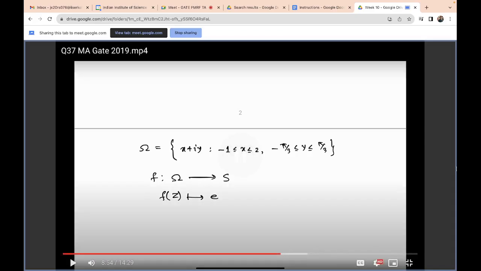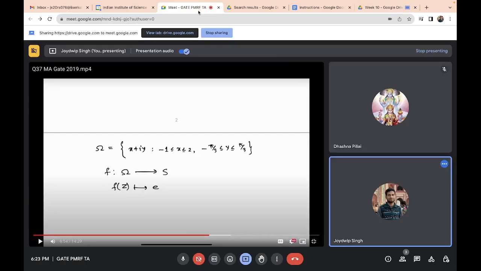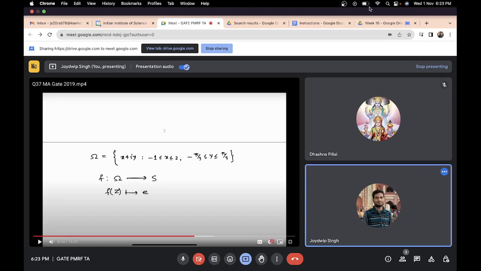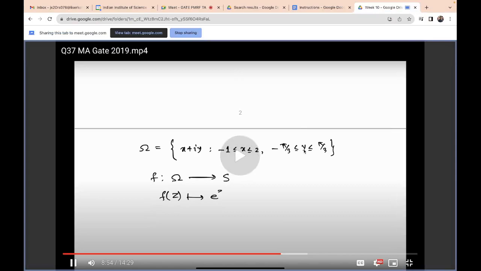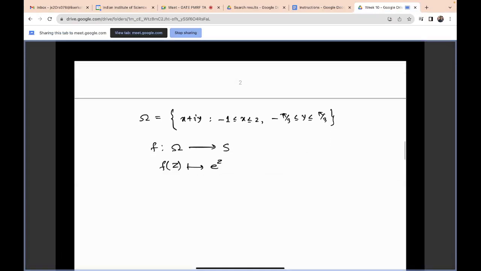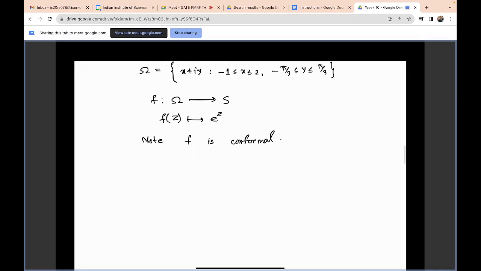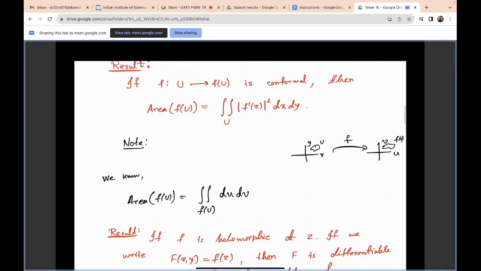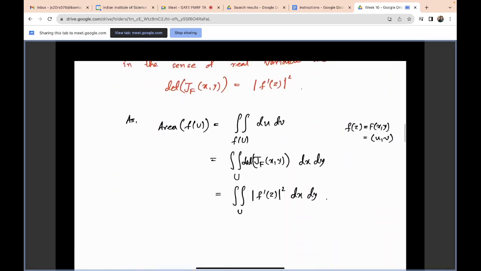So f(z) is e to the power z. Note this map is conformal because you can see that this map has a non-zero derivative. Note f is conformal. So therefore we can use this formula to compute the area, or this one, right?